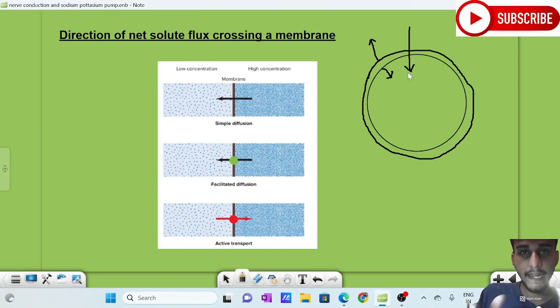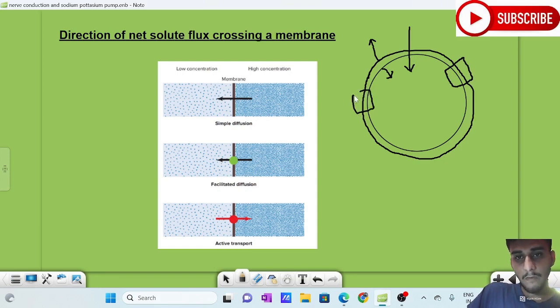This is done with the help of certain protein molecules. What actually are protein molecules? We know that proteins are made up of amino acids. Thousands of amino acids get folded into primary structure, then secondary, tertiary, quaternary, and then a protein is formed. So in the plasma membrane of a cell, there will be certain protein molecules. I am drawing it in the shape of a box.